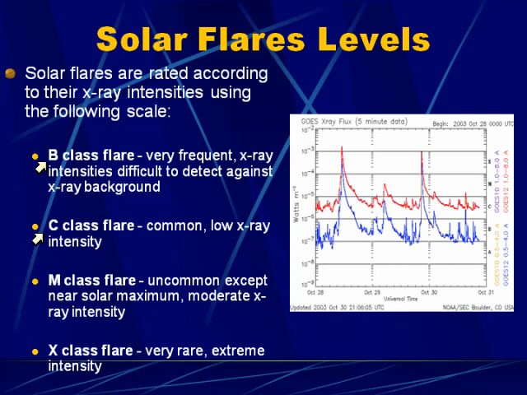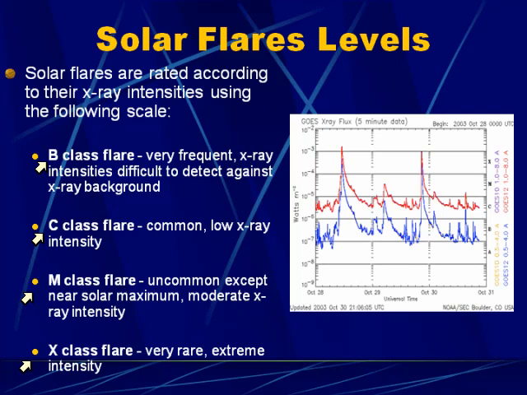C's are common during solar maximum, maybe less common during solar minimum, but again, not all that rare. M classes are extremely strong flares, and X class flares are the most extreme flares.